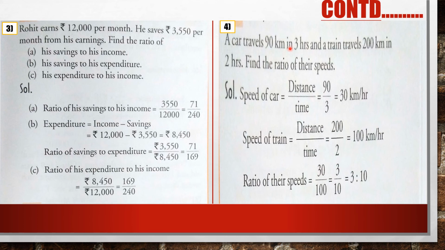So, we can calculate the speed of the car by using the formula speed equal to distance by time. So, speed of the car is 90 km divided by 3 hours, which is equal to 30 km per hour. Remember children, speed is represented by kilometer per hour.